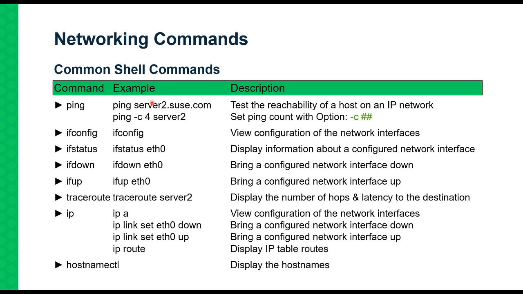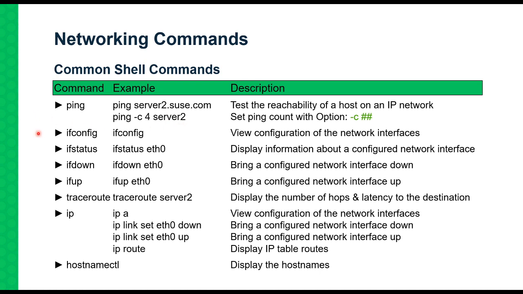In Linux, when we start a ping, it automatically pings the destination continuously until we press Ctrl+C to cancel the operation. But we can define the amount of pings we want by using the -c option. We'll do a ping -c, and we only want 4 counts, and then we will ping the alias or the short name for server 2.